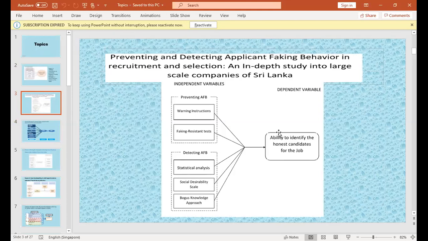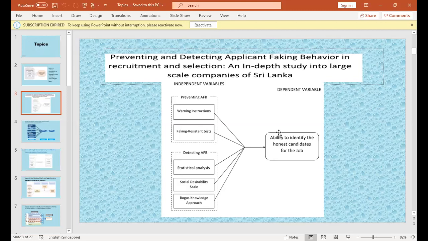Look at the topic carefully, I will explain it. This was looking at the recruitment process in large corporates. Sometimes when they recruit people they find that although they take many steps, they sometimes don't recruit the correct person because people have this faking behavior.